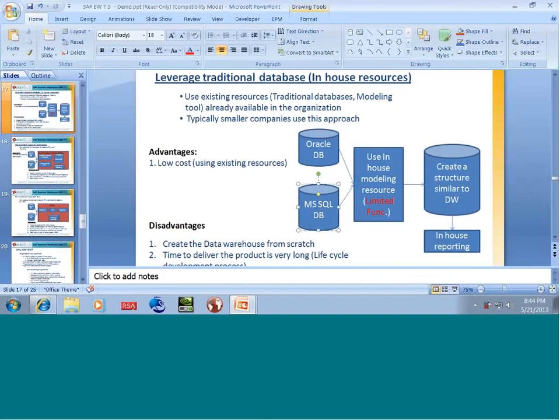So they are not using all the full functionalities. They are going to take the existing databases, which are Oracle and Microsoft SQL, modify the existing tables, create many new tables, and bring it to a structure that is similar to a data warehouse.